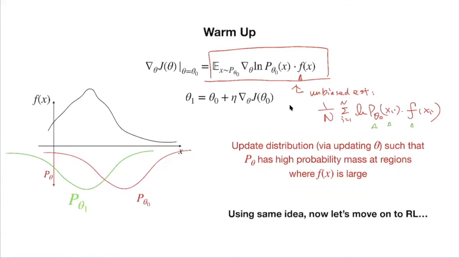As long as I give you an x and you give me a value, I can use that to compute the unbiased estimate of the gradient. We never needed to know the form of the function f. It could be some complicated black box function.